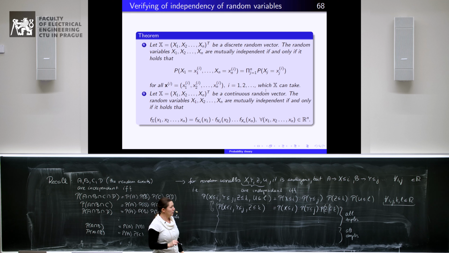So this theorem says that it is enough to verify the relation for all random variables in the vector, and we obtain the independence. So that's nice. And how do we work in practice?